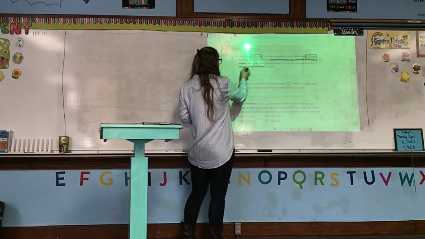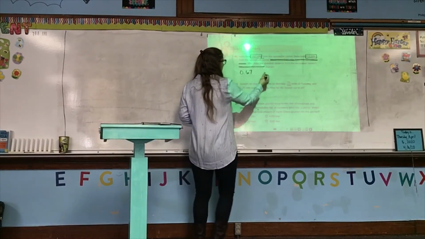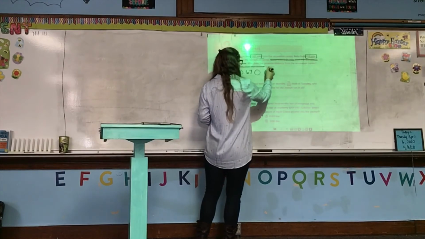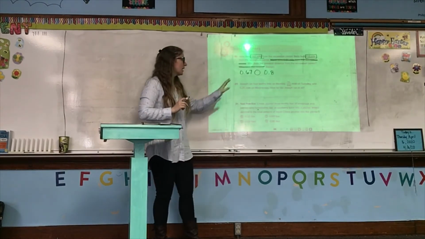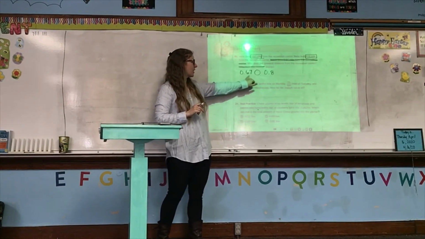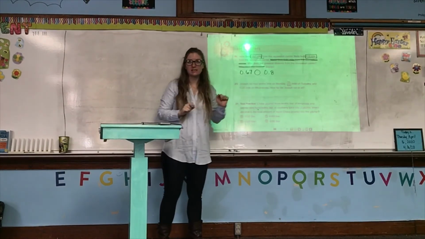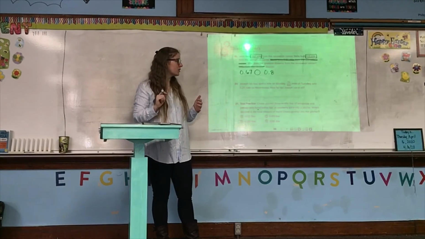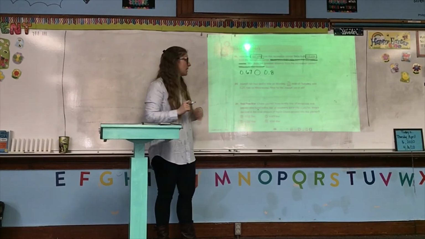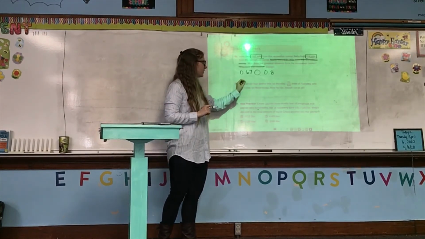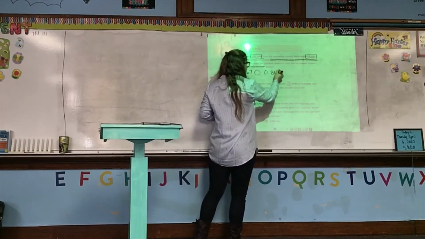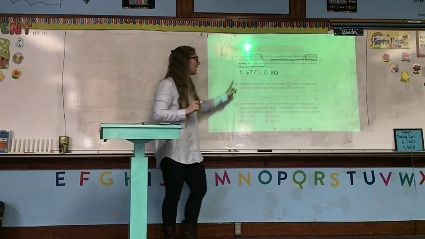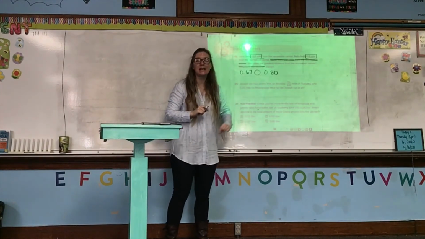So, the way we're going to explain this is we're going to show our work. We know that we are trying to figure out which one is greater, so we need to create an inequality. 67 hundredths, is it greater than, less than, or equal to 8 tenths? Well, in order to compare them, first we have to make sure they have the same number of digits. 67 hundredths has 3 digits, 8 tenths only has 2. So we're going to add a 0. Now we have 67 hundredths and 80 hundredths.